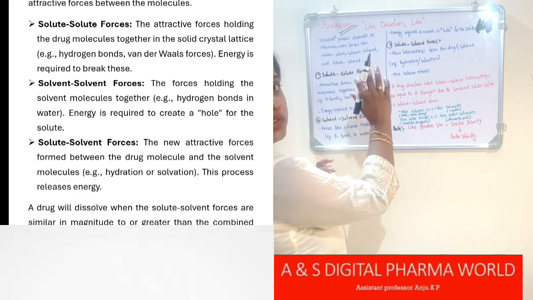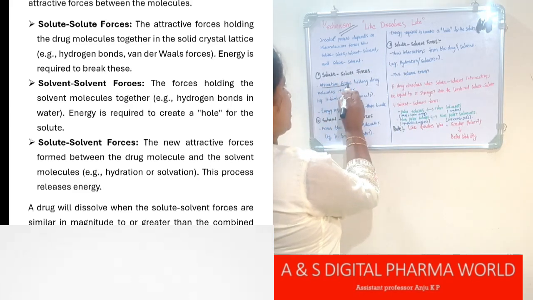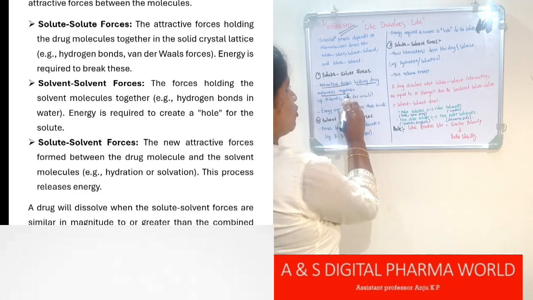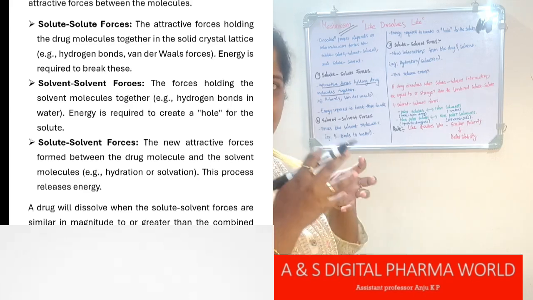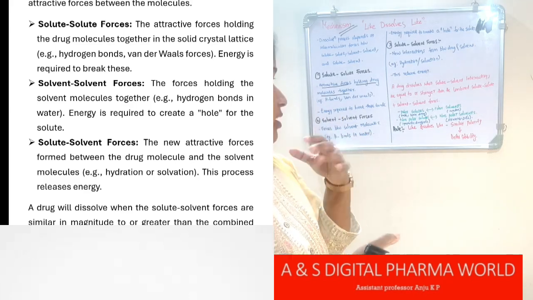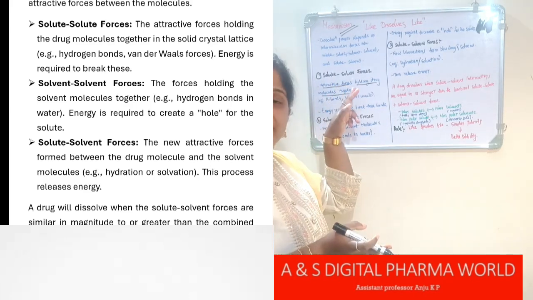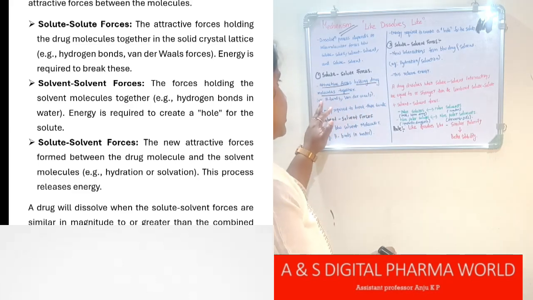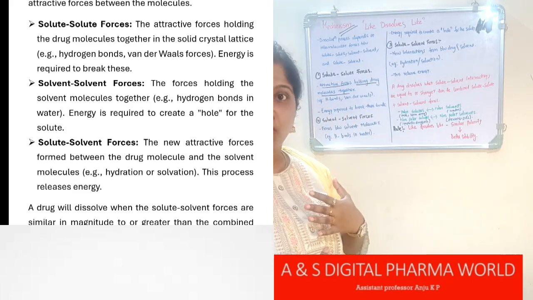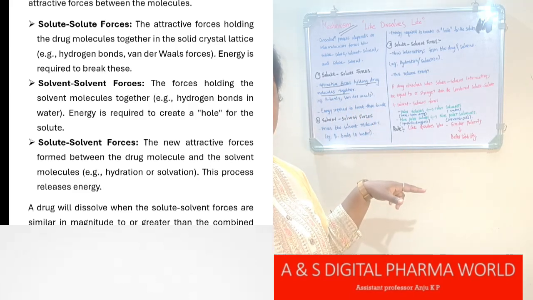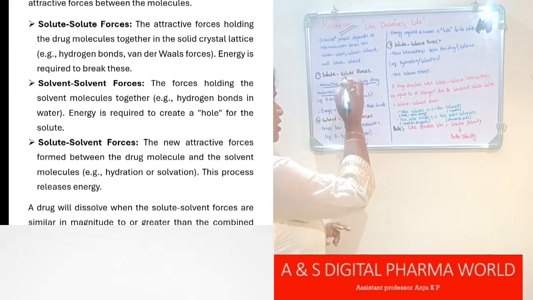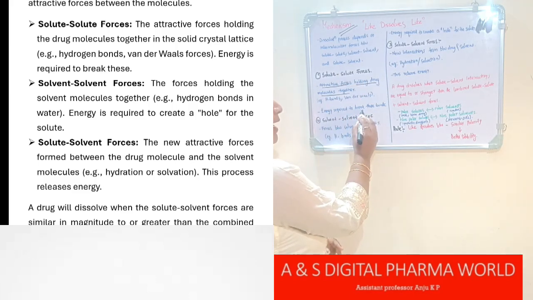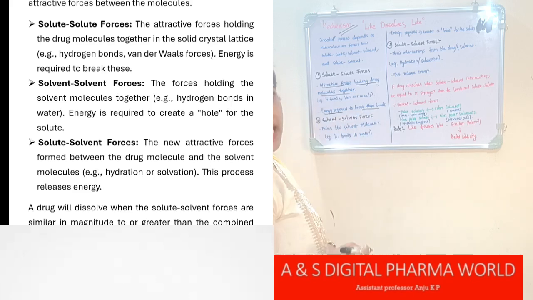In the case of solute forces, attractive forces hold drug molecules together. Solute, right? We had already said that will be the drug. So the attractive forces holding the drug molecules together usually will be hydrogen bonds, van der Waals forces. So to break these bonds we require energy.